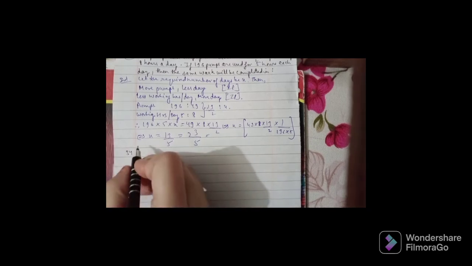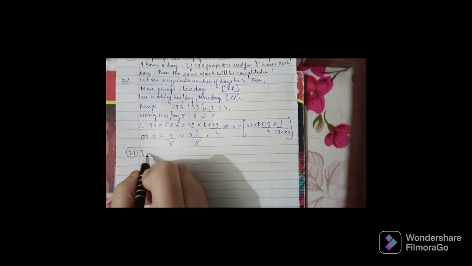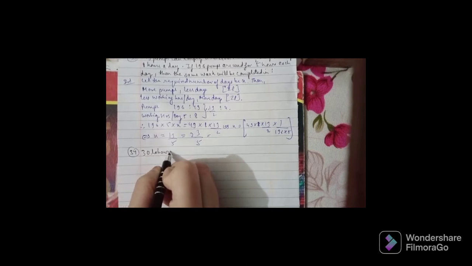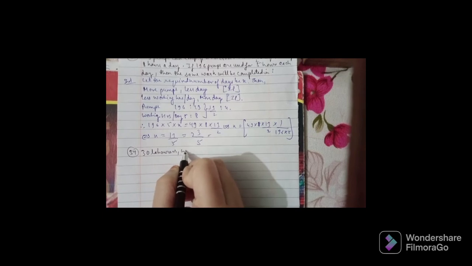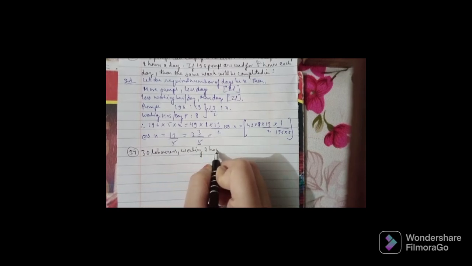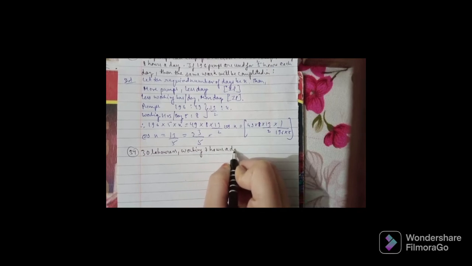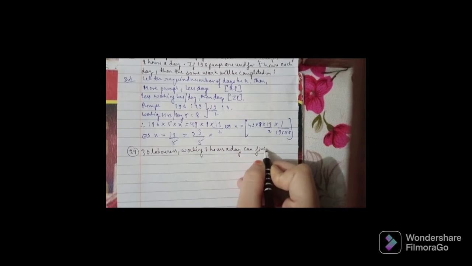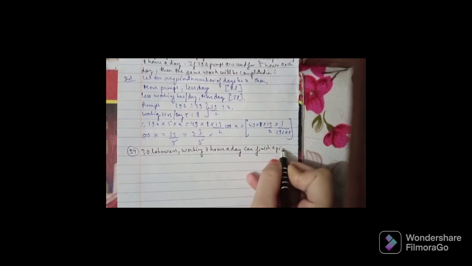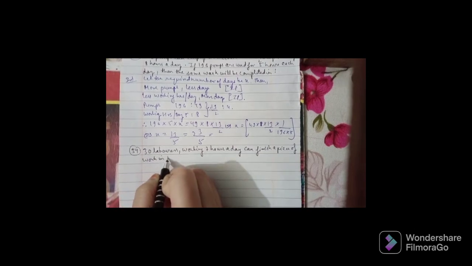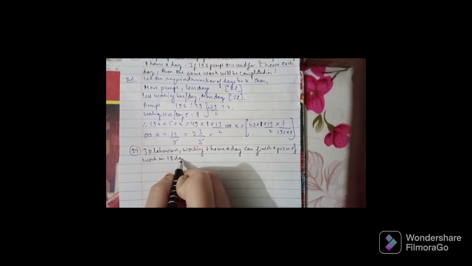as well. So 30 laborers working 7 hours a day can finish a piece of work in 18 days.